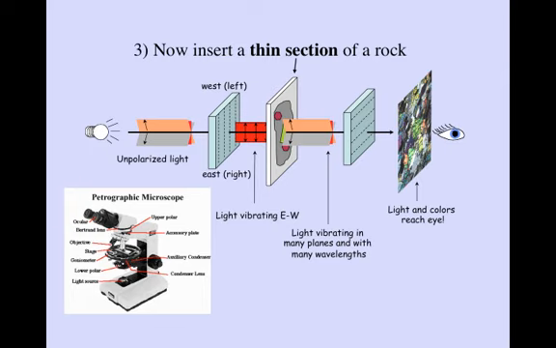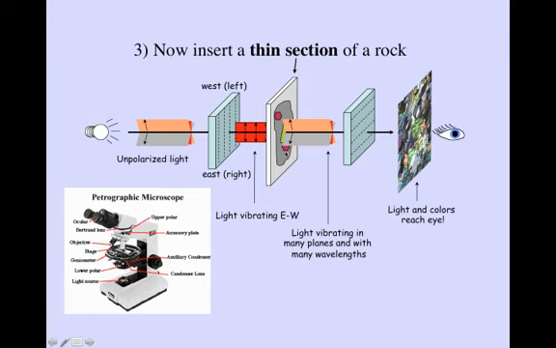The last component that we'll incorporate into this model is a thin section of rock. When you insert a thin section of rock in between the lower polarizer and the upper polarizer, we see something very different. What reaches your eye are interference colors.